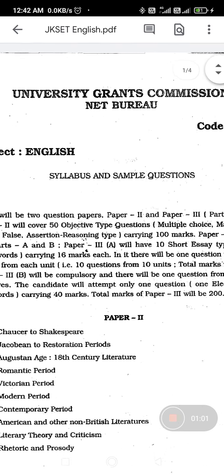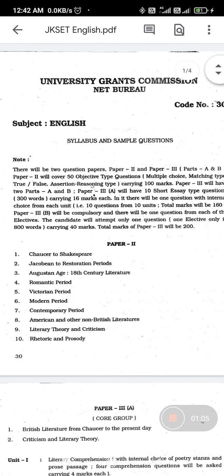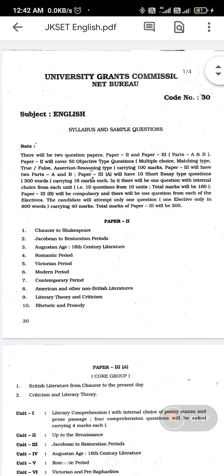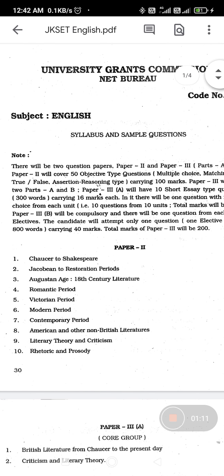First, let's see the rules and regulations of JK SET. There will be two question papers for English literature. Both are subjective based and come from your subject. Like my subject is English literature, so Paper 2 and Paper 3 will be from English literature only.